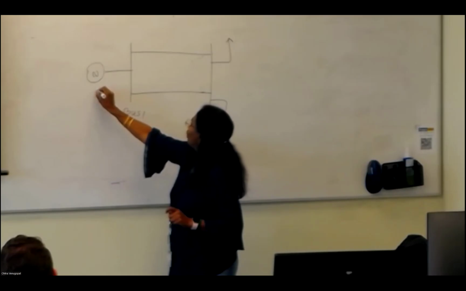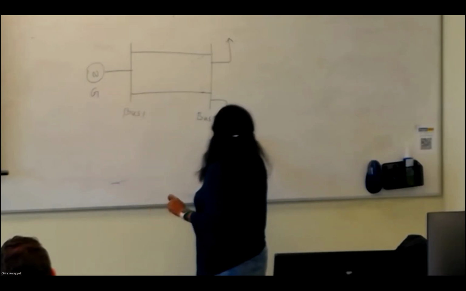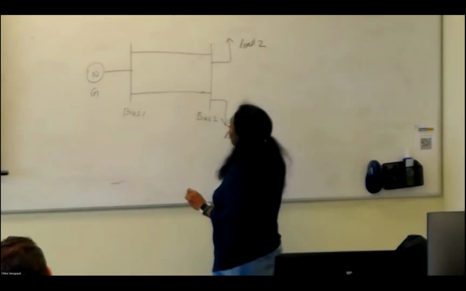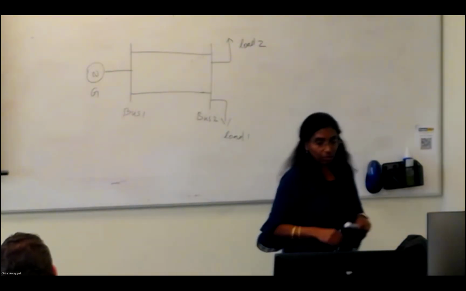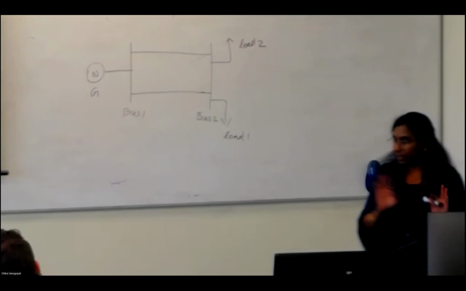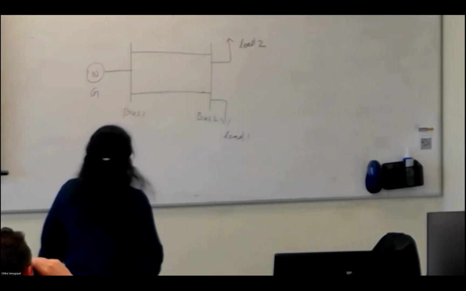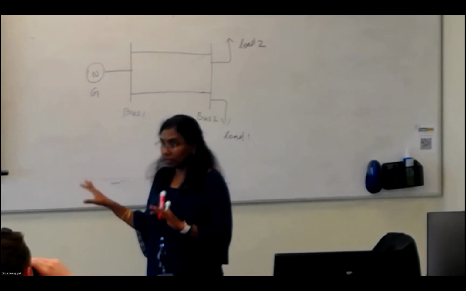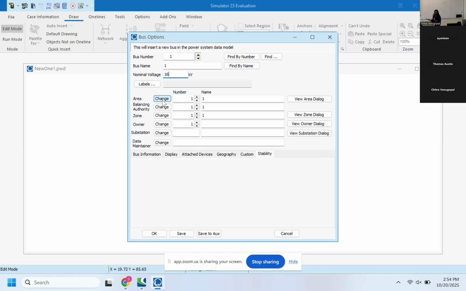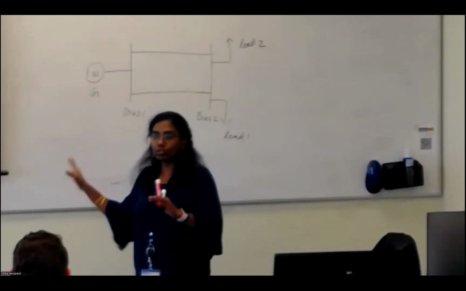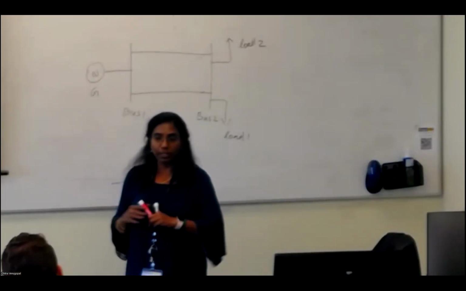This is the generator, load 1, load 2. If this is your one line diagram of any network, then you have to zone them. I'm not going to go into detail on how to do the zoning now, because we'll talk about that in the protection class. But just to give you an idea about that word.